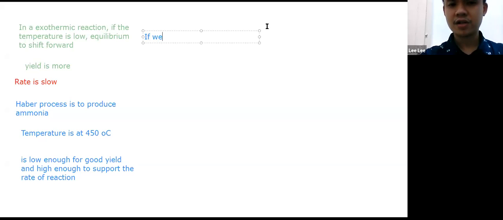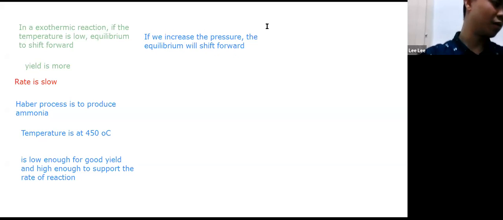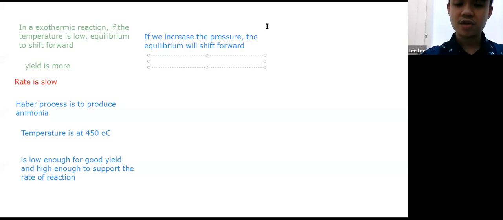Now you take a look at the picture that I asked you to take just now. If we increase the pressure, the equilibrium will shift forward, right? So it's good, isn't it? Because you have more ammonia. But if you keep on increasing the pressure, it will be explosive.